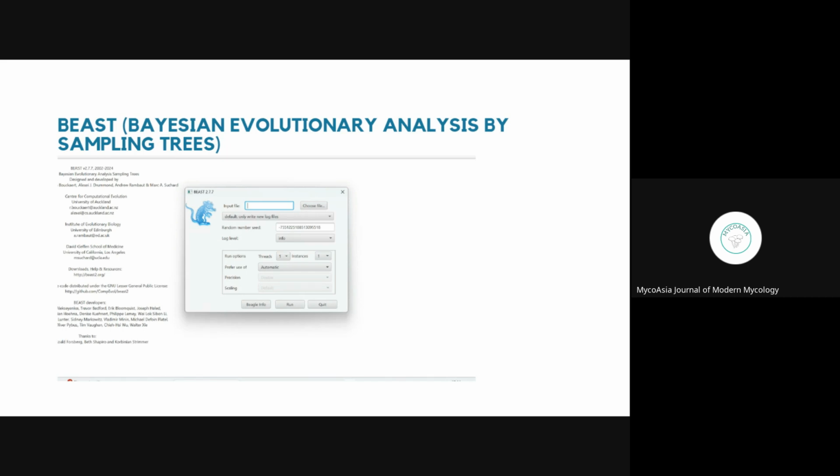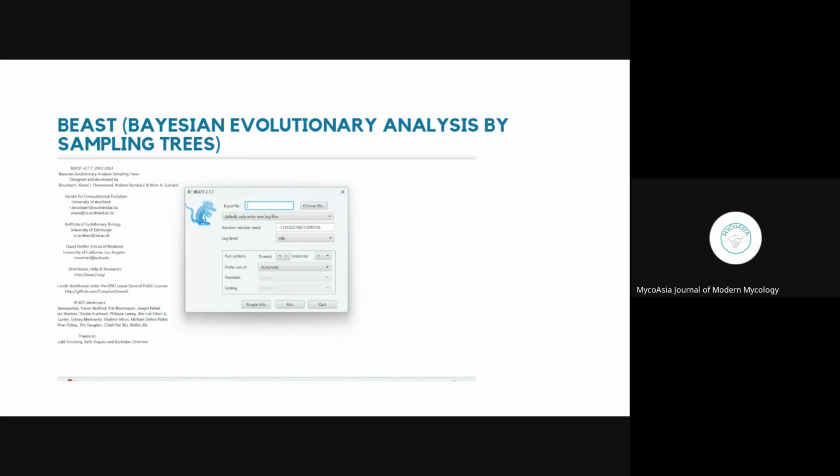Fossil data information will be incorporated in the analysis, and that will result in a molecular clock. For a clock, you need to do calibration, right? So in BEAST, you can do phylogenetic analysis using the Bayesian method and incorporating fossil data. It's a very powerful software, but probably very difficult to learn for a beginner.